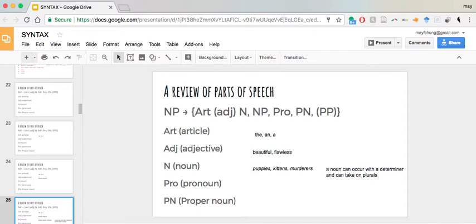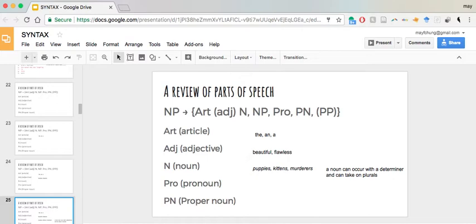A noun can really occur with a determiner, such as an article, right? And then it can take on plurals, right? So anything that's very noun-like in form can take on plurals. That's how we know puppies is a noun versus went. Wents, with an S, isn't really considered a noun-like word.